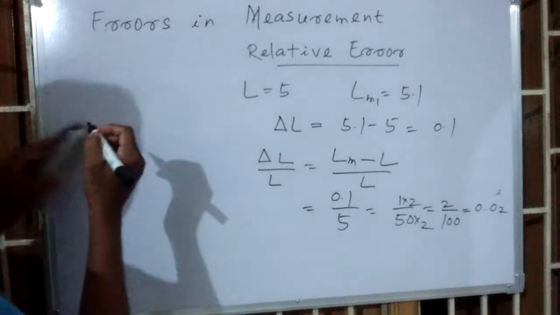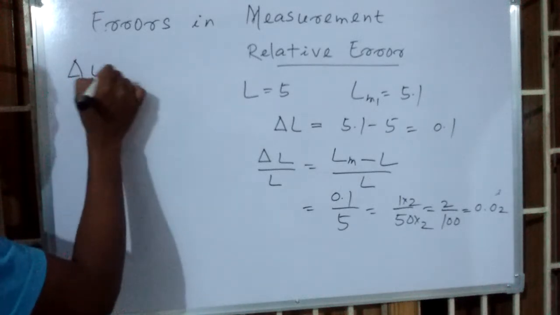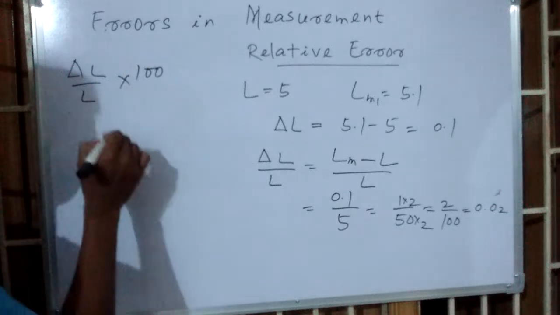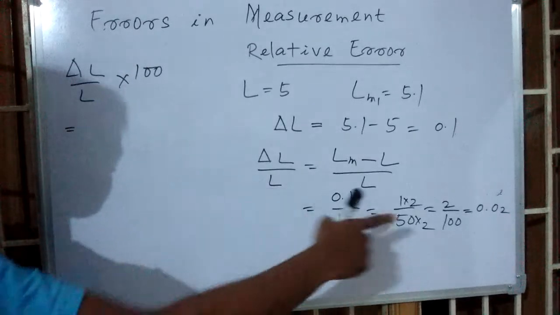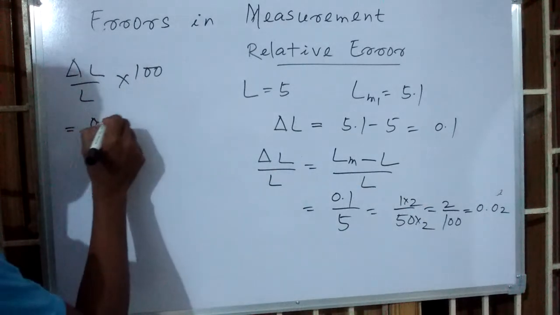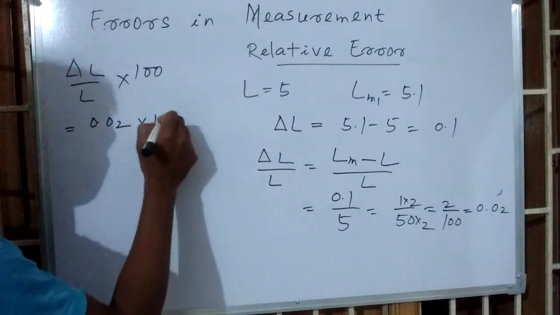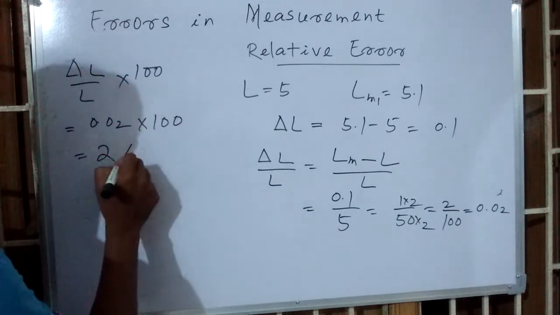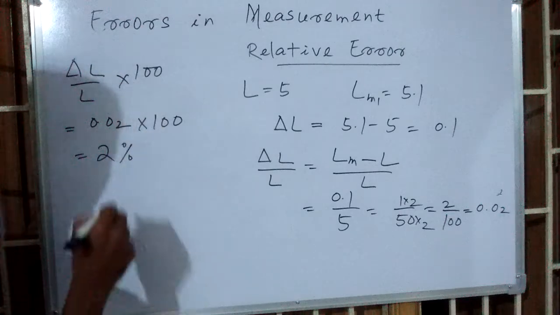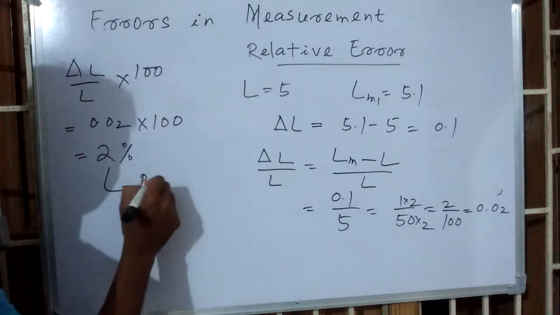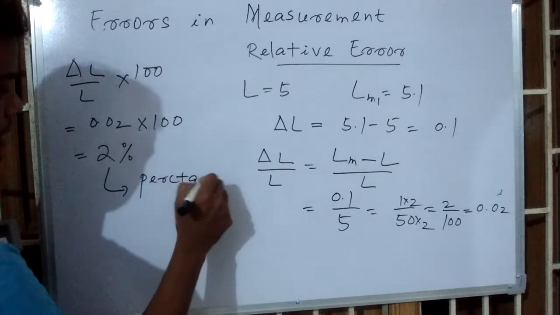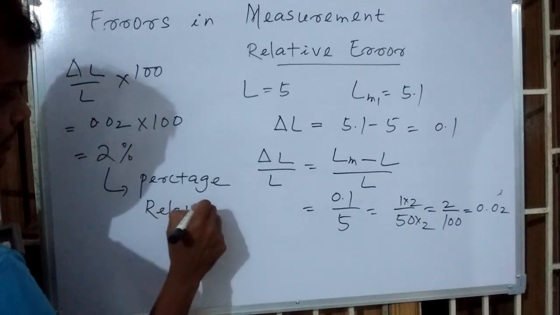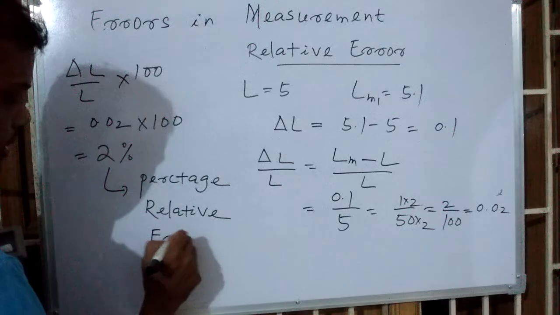If you multiply del L by L, which is the relative error, by 100, then the result in this case is 0.02 into 100, which is 2%. This is called percentage relative error.